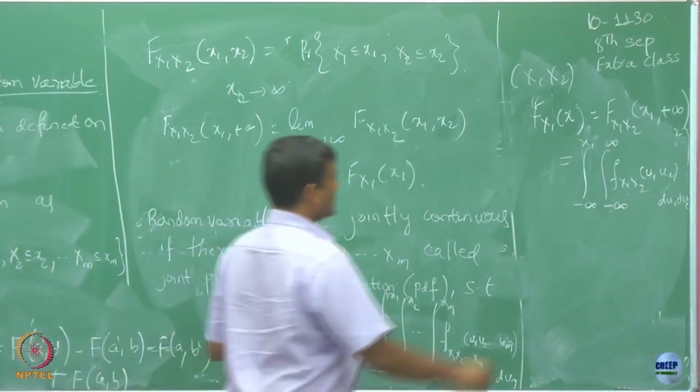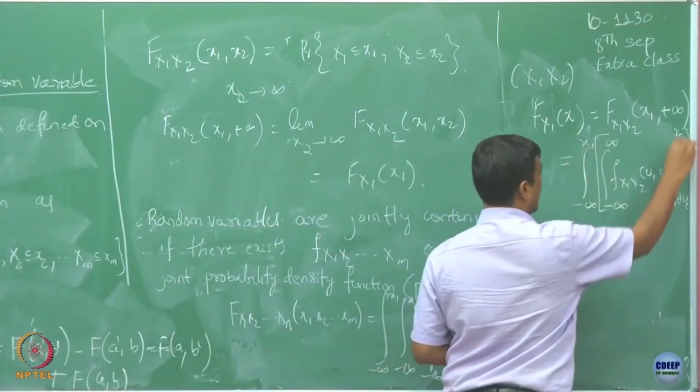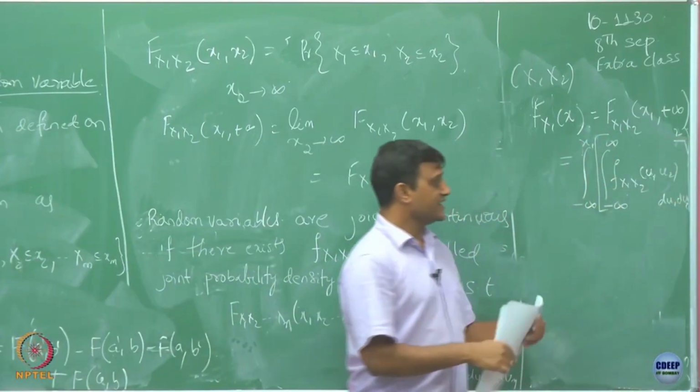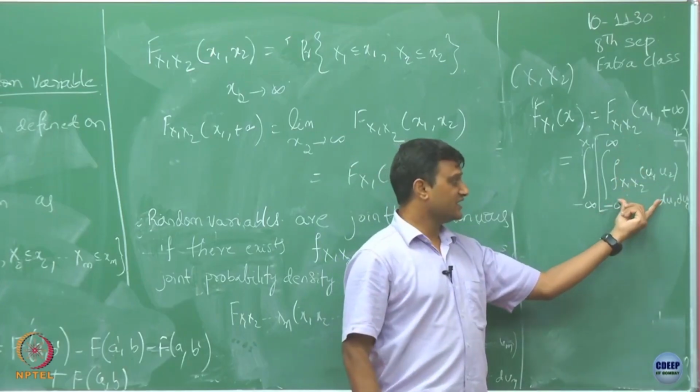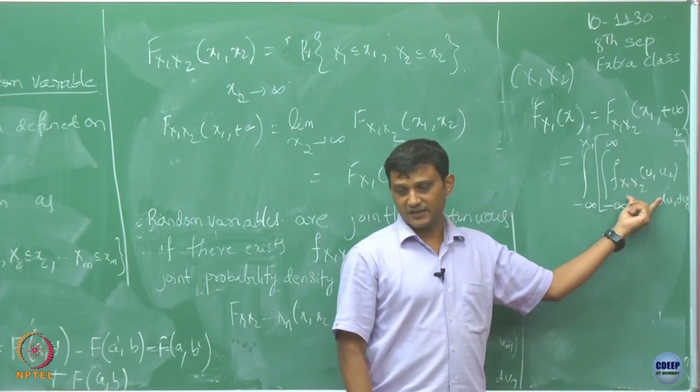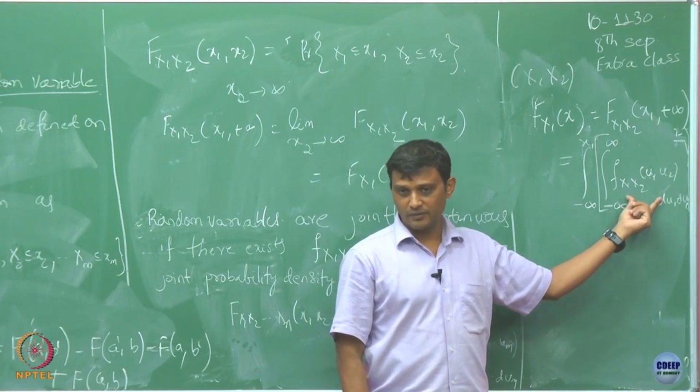Now if you look at this integral here, I am integrating this function over all u2, right? Is whatever is in the square bracket a function of u2 anymore?